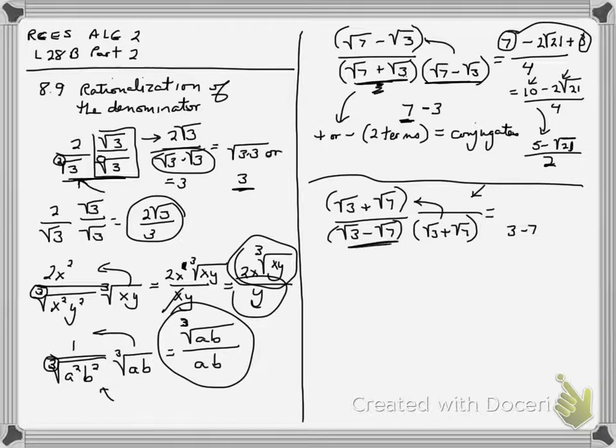If all you're seeing is the conjugate, just pick up the number outside the radical here and pick up the number outside the radical here. And it's a minus sign between them. Okay? Now, for the other one, it's going to be 3 plus 2 times square root of 7 plus 7.